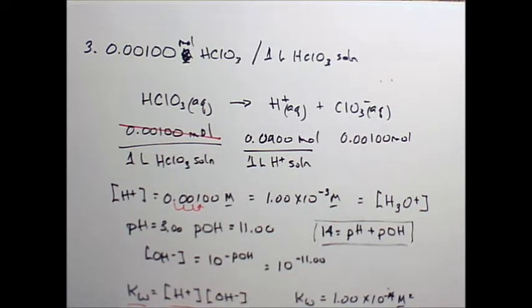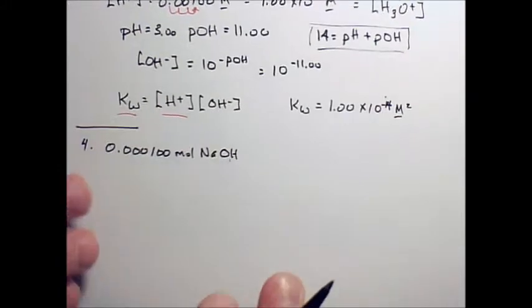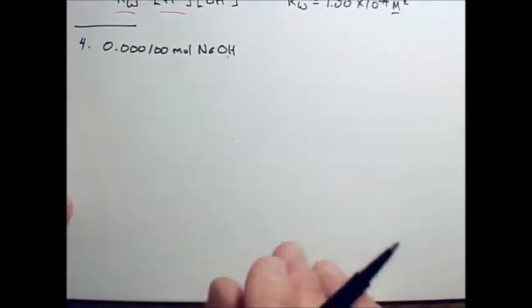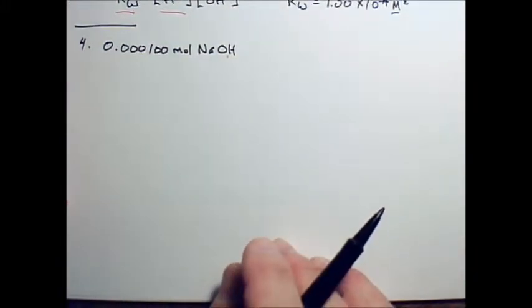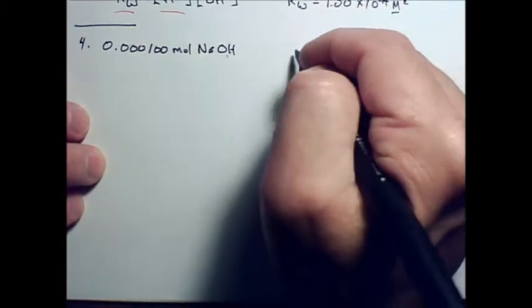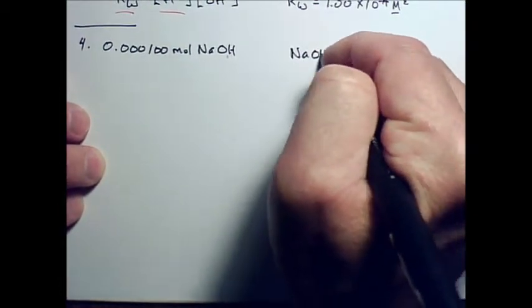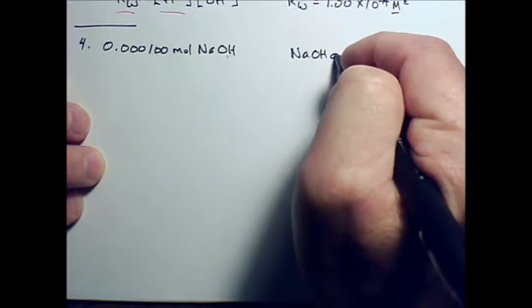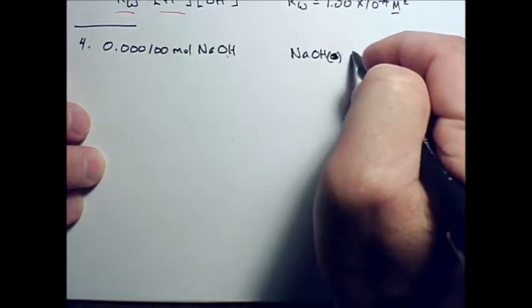We've got 0.000100 moles of NaOH. NaOH is one of the strong bases. Strong bases are strong bases because they dissociate completely. So if you've got NaOH, like I said, there's a solid.